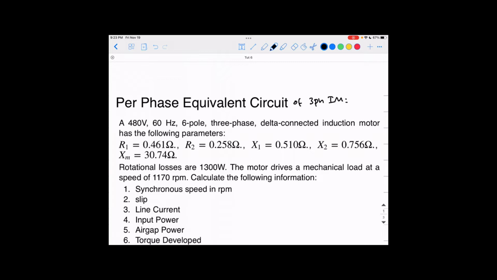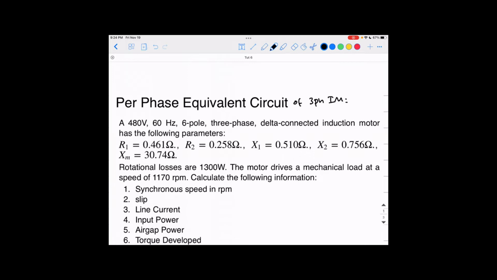For today, we'll be assuming we have these equivalent circuit parameters and then use them to predict the performance of the machine by solving the equivalent circuit. So you can have this type or this type of problems on your exams, and if you just face a very bad one, you have them both combined.